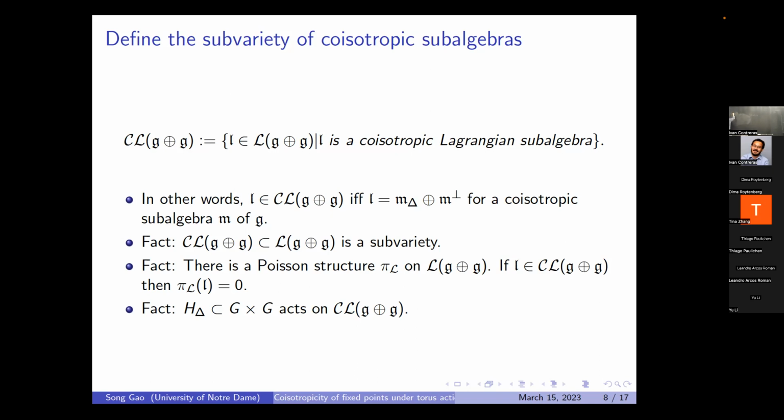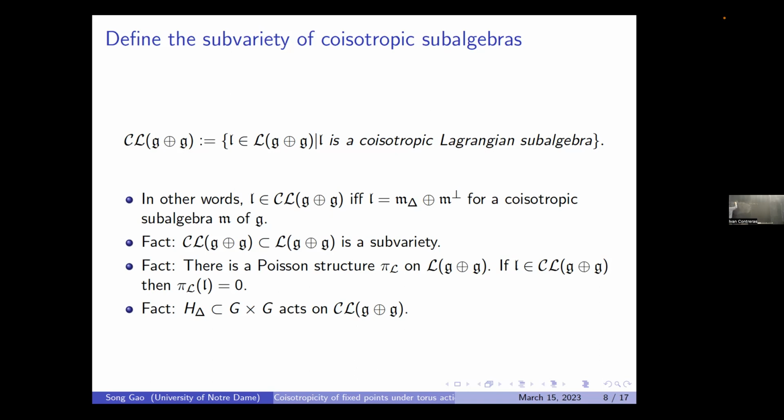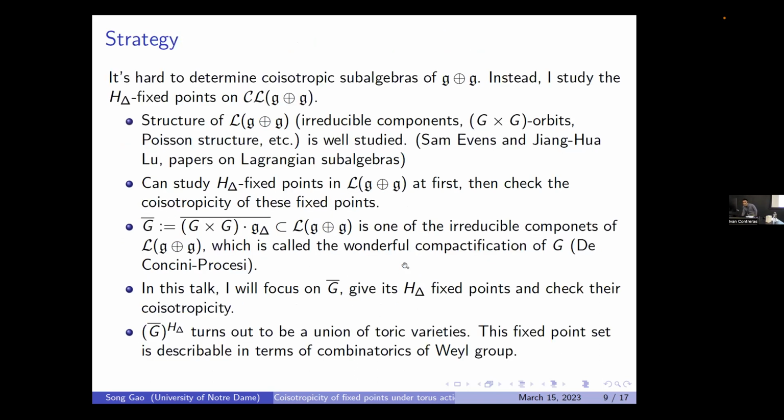And CL is a subvariety of the Lagrangian subalgebras. My target is to determine coisotropic subalgebras of G plus G, but it seems a little bit hard to do directly. Instead, I study the torus fixed points on the variety.